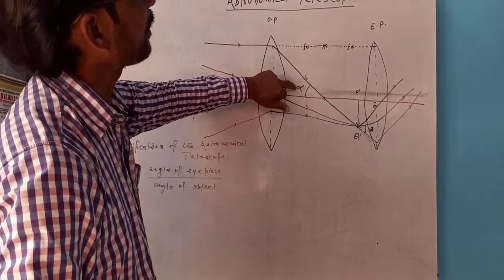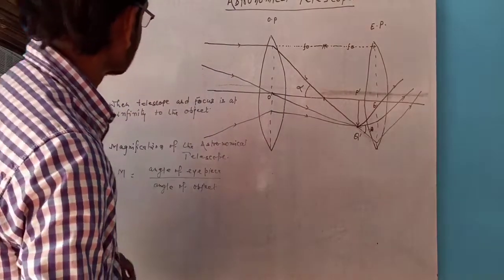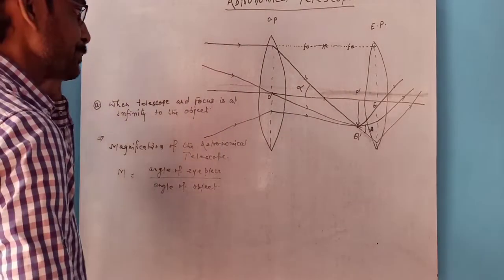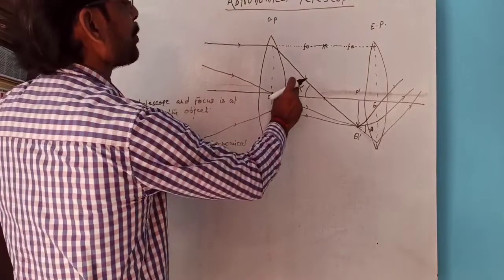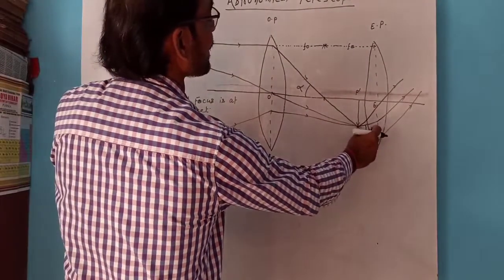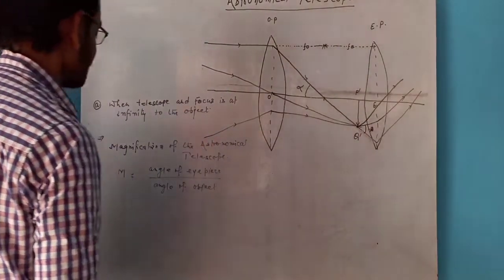Here are the angles alpha and beta. So alpha is the angle of the objective piece and beta is the angle of the eyepiece.